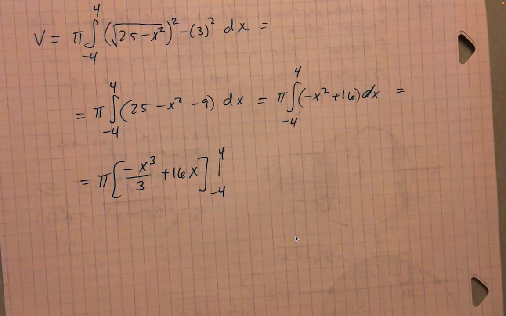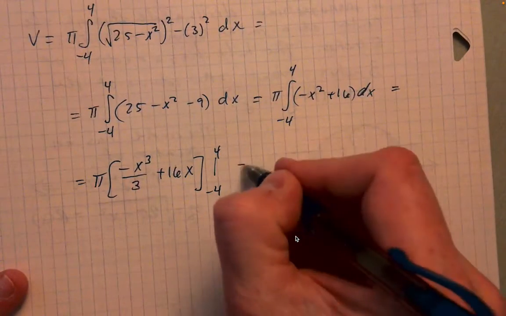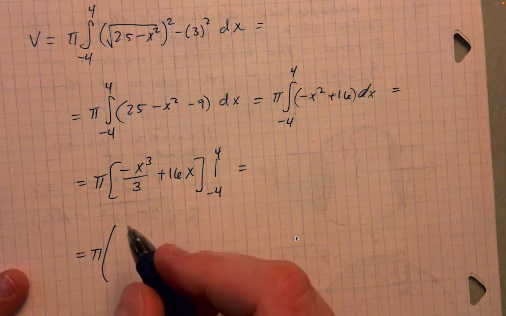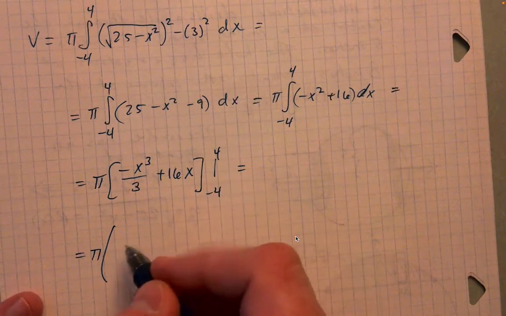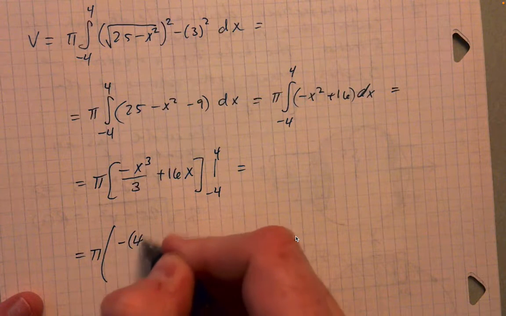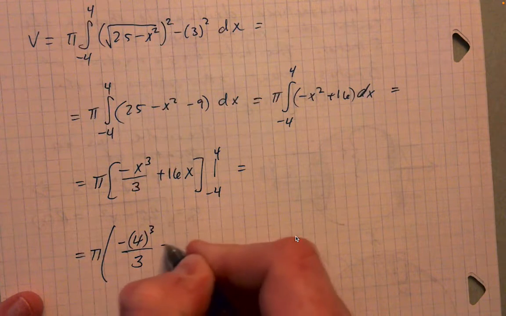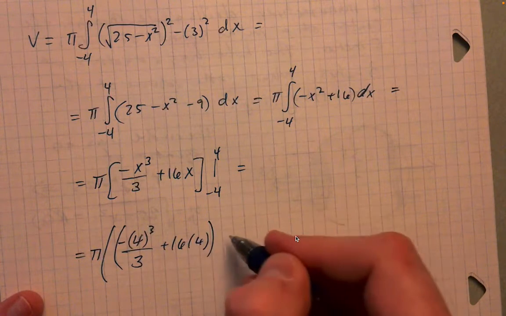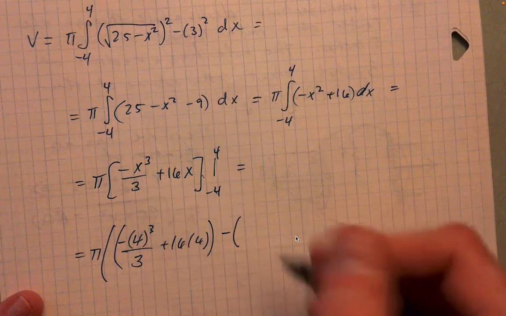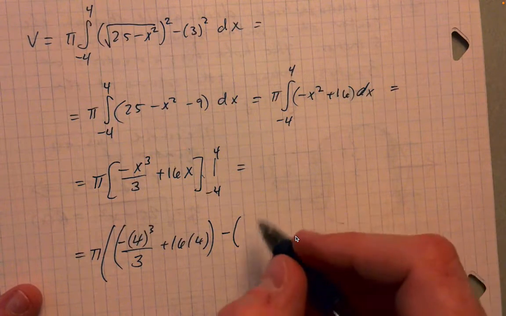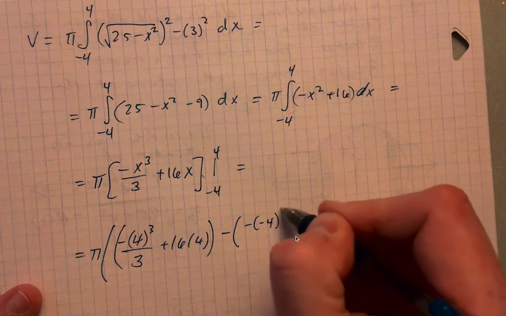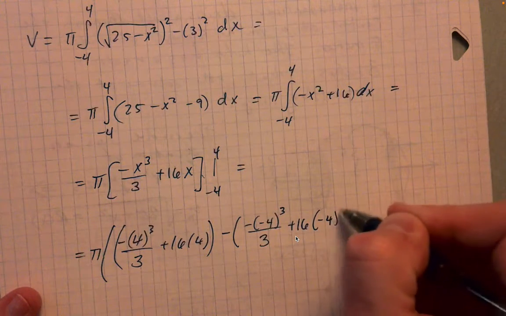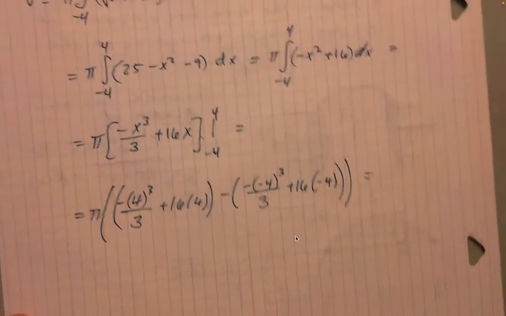All right, and so then we can plug all of this in, and it's pi, and then it's going to be kind of some biggish numbers, but it'll be negative 4 cubed over 3 plus 16 times 4. So that's the first one, and then we subtract off of that the whole thing evaluated at negative 4. And so it'll be similar anyways. Don't forget the negative signs everywhere, it makes a pretty big difference if you do.